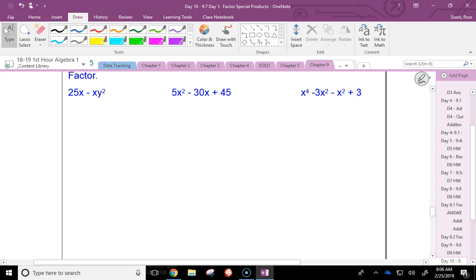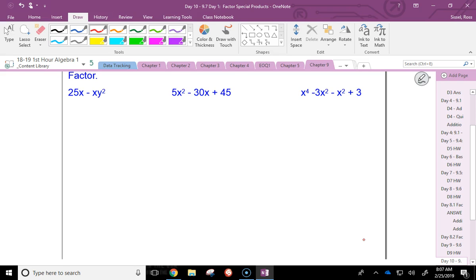So we want to factor 25x minus xy squared. Can we factor on this one? What's wrong on this one first?